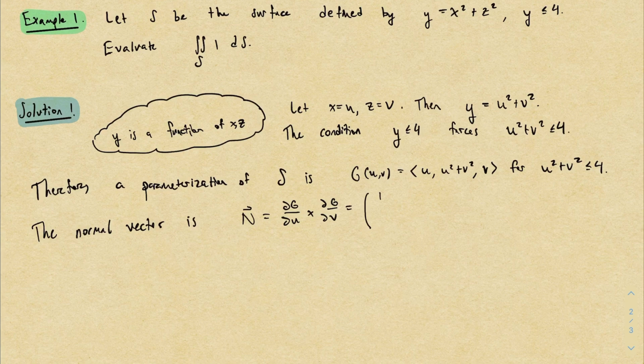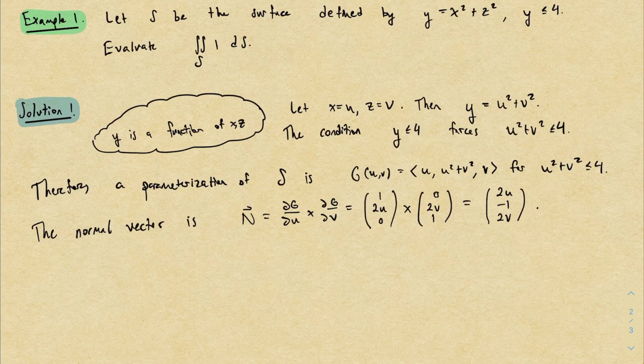And then the derivative of u squared plus v squared is 2u, and the derivative of v is 0. Cross, and then likewise for the v derivative, I'll get 0, 2v, and 1. And then also, as usual, compute the cross product however you want. You should get 2u, negative 1, and 2v.